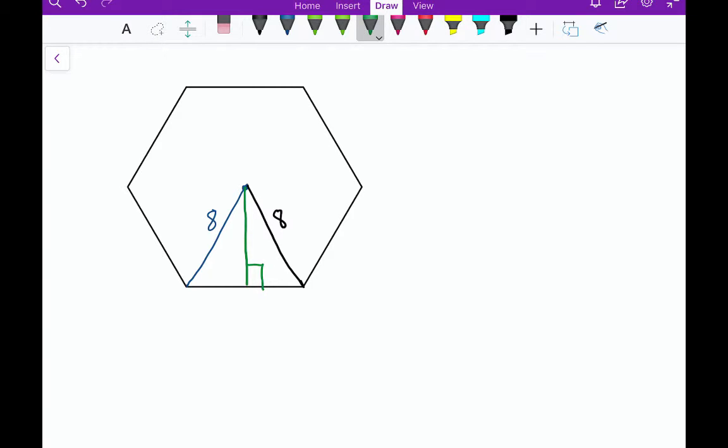And so what we need to use here is we need to consider what the central angle is. Because this is a hexagon, the central angle is 60 degrees. We already did that calculation earlier. So if this angle is 60 degrees, and remember, this is an isosceles triangle because you see the 8 and the 8, then that means that these angles are congruent, which means both of those angles are also 60 degrees.